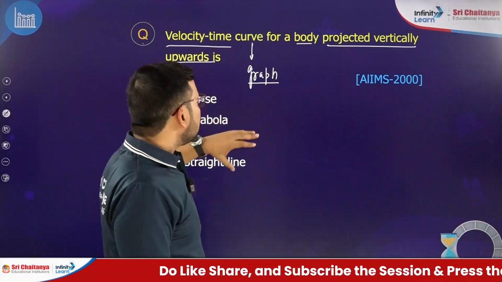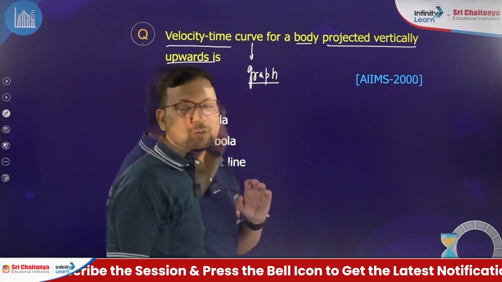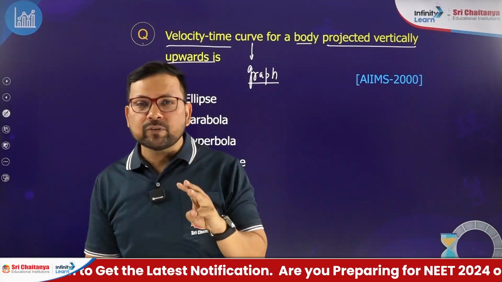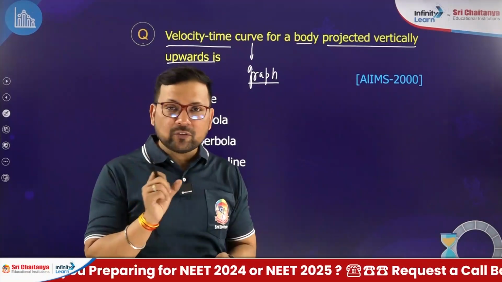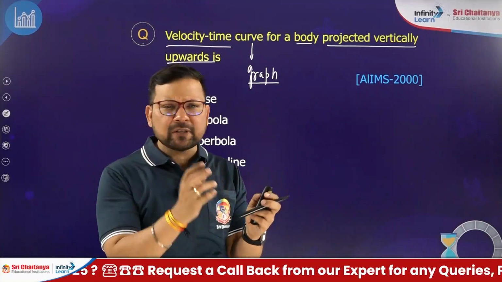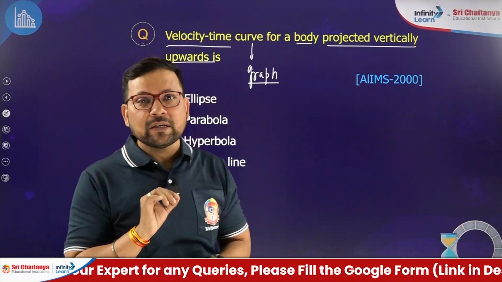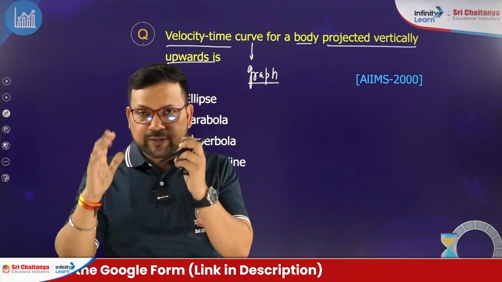Okay, but one more thing I will introduce here: graph. When a question is related to a graph, there are three types of questions we can expect in NEET. One is plotting of a graph. Second is information from a graph: one graph is given and some information based on it is asked. The third one is conversion of a graph: one graph is there, another graph is required.